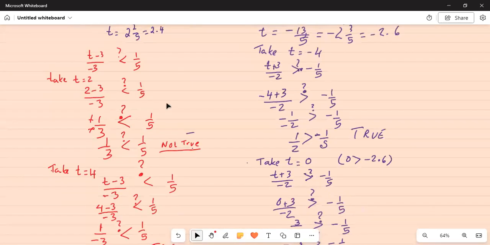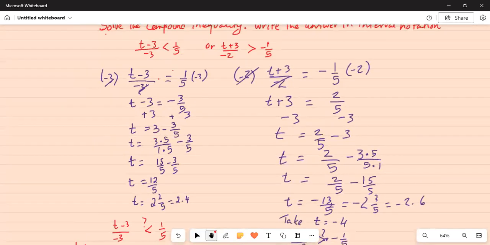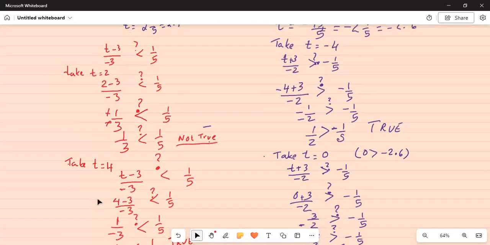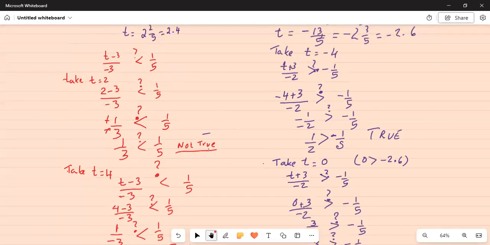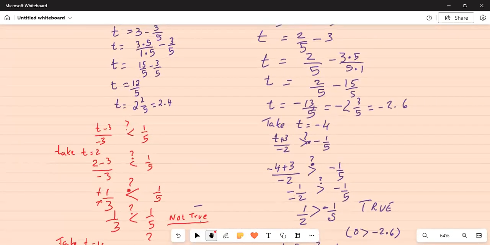We did the same thing for the second inequality. We set it equal to, instead of the greater than, we set it equal to, solve for the unknown t, and found out that it is true only when t is less than minus 2.6.